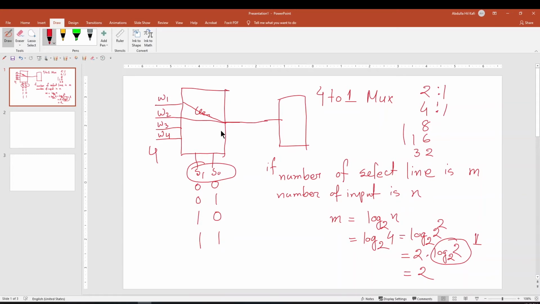So now we will design our 2 to 1 mux. So how it works, and from the truth table, how can we derive a circuit of a 2 to 1 multiplexer.